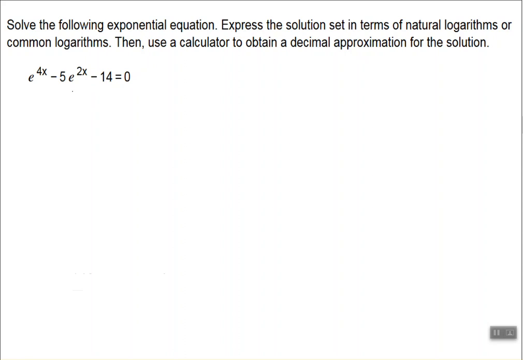So I can factor this expression on the left-hand side by breaking up the 4x into 2x: e to the power of 2x minus 7 times e to the power of 2x plus 2.